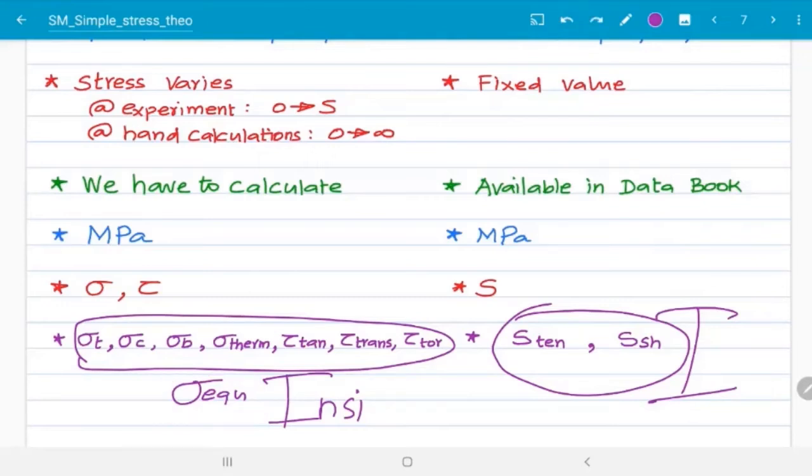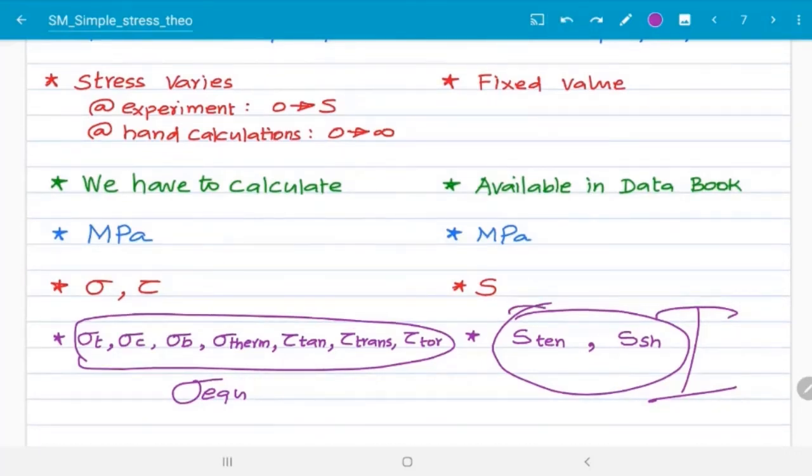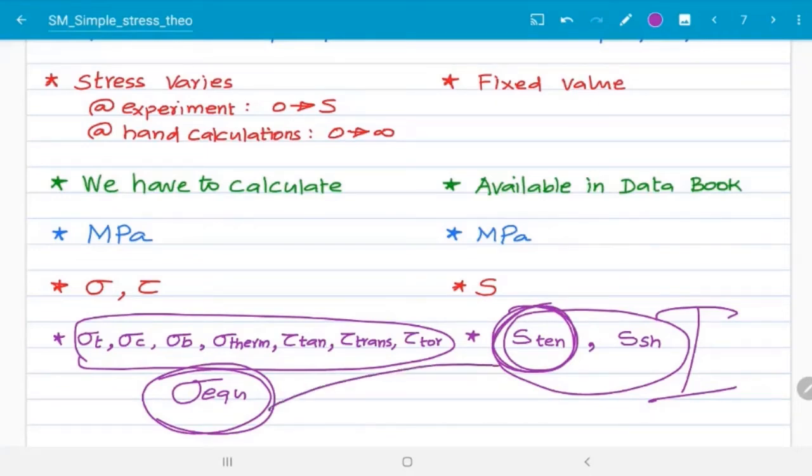Now you may ask another doubt, sir. If I select tensile strength, I have to calculate sigma equivalent inside the material, it means principal stress, and compare it with the tensile strength. When the principal stress is less than the tensile strength, safe.